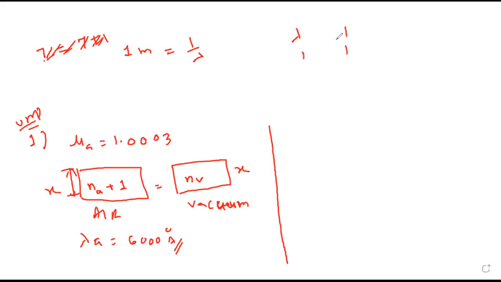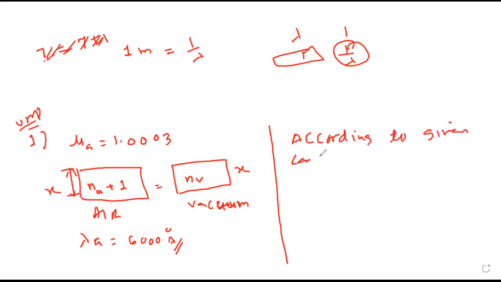So in 1 distance, 1 upon lambda wave. This number of wave in 1 meter is called wave number. So in 2 meter, how many wave? 2 by lambda. 1 meter, 1 by lambda. 2 meter, 2 by lambda. 3 meter, 3 by lambda.